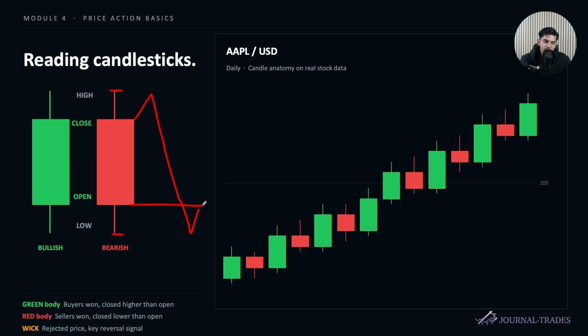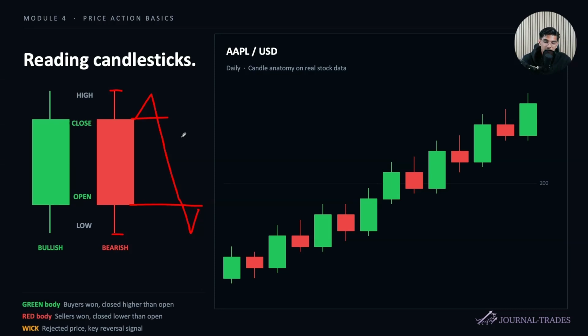That's what you need to understand about how a candlestick works and what it tells you. These are the wicks, and this part is the body. I hope this makes things clear, because you need to understand the difference between a candlestick body and a candle wick to understand what happened in the price.